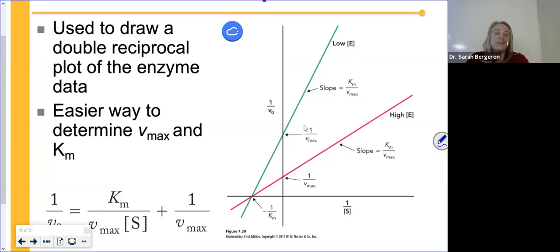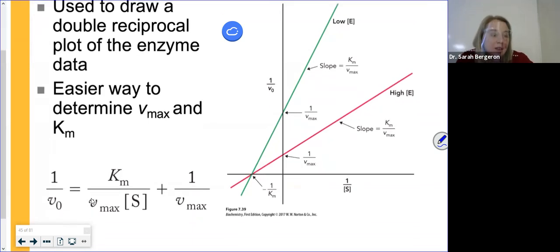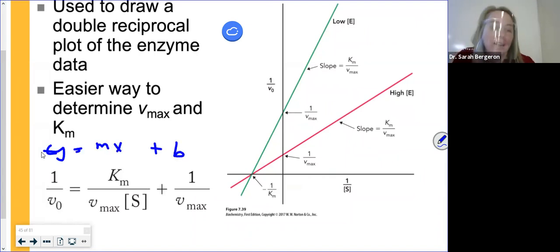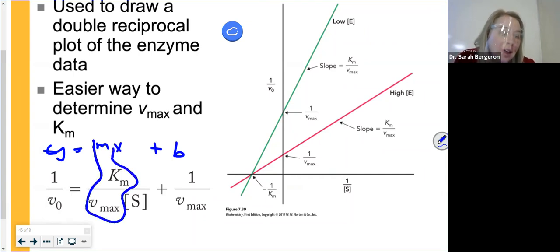All right. And then we can look at the slope. The slope is another really nice thing. You can compare, because look at this formula, right? It's a linear y is equal to mx plus b, right? It's that same format. So what is m? M is really Km over Vmax. What is x?